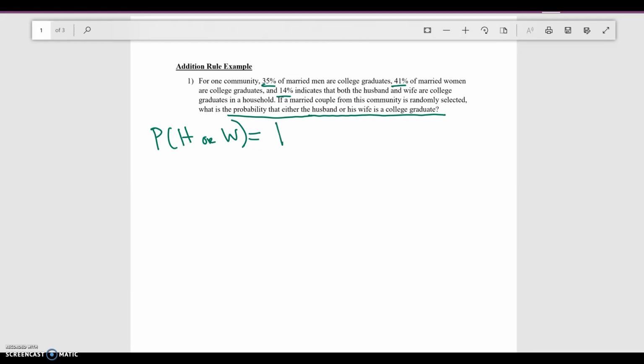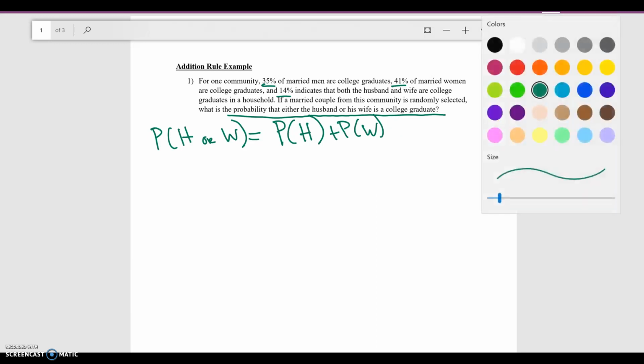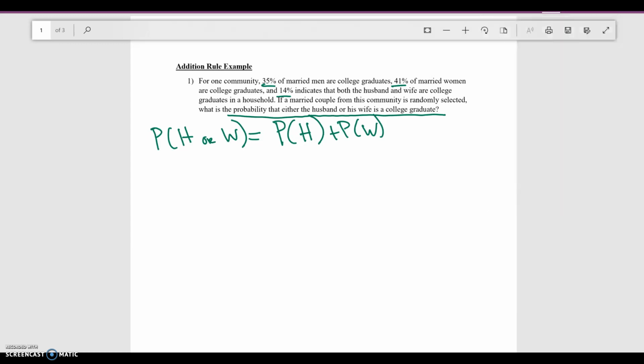So this is going to be the probability of the husband being a college graduate plus the probability of the wife being a college graduate minus the probability of the husband and wife both being college graduates. So this is the addition rule. Now all we have to do is find these probabilities.